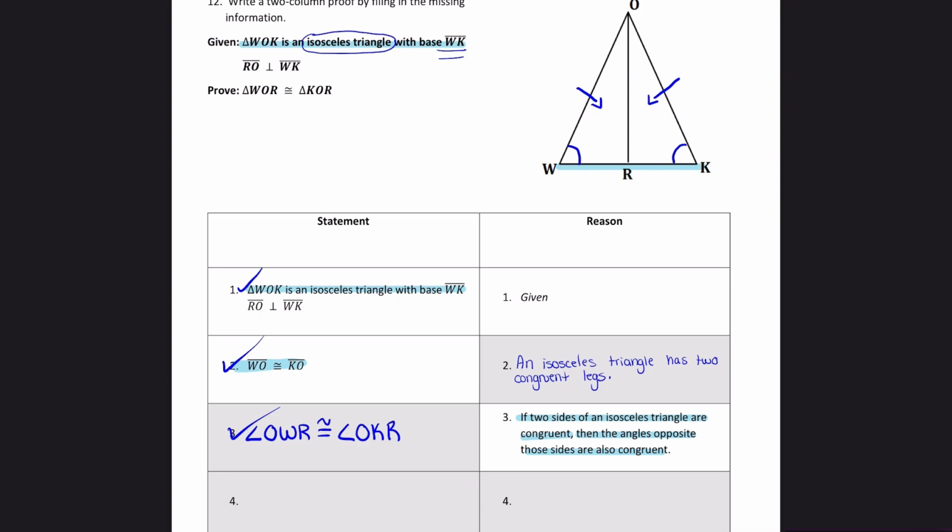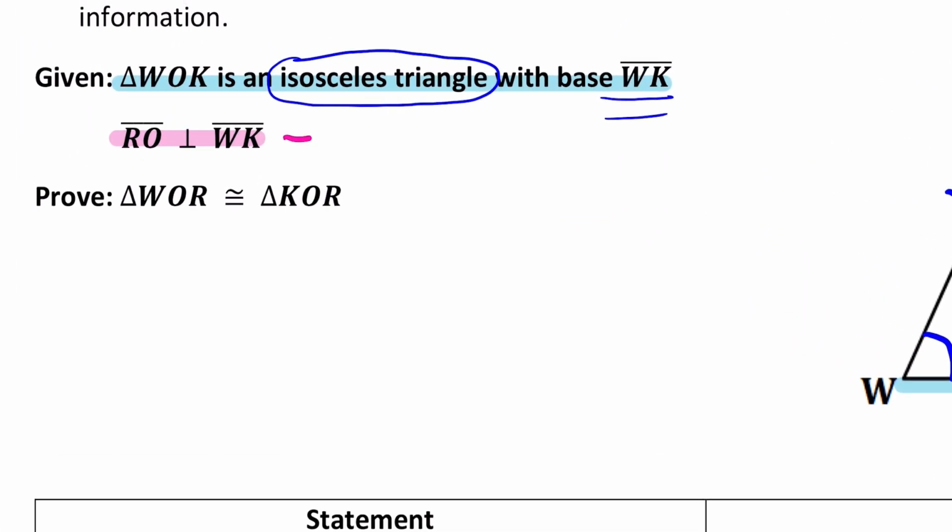Now I'm going to take a step back, and I'm going to look at my next given. My next given is giving me that I have RO being perpendicular to WK, which means that I have right angles right here. Okay? And remember, perpendicular lines lead to right angles, which leads to congruent angles.